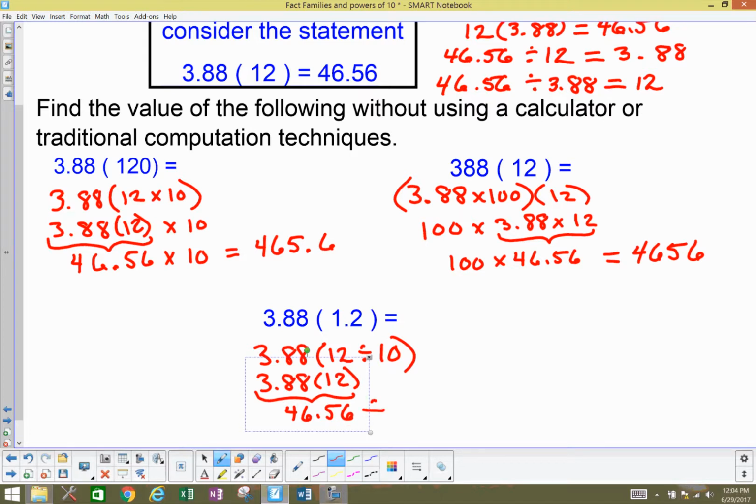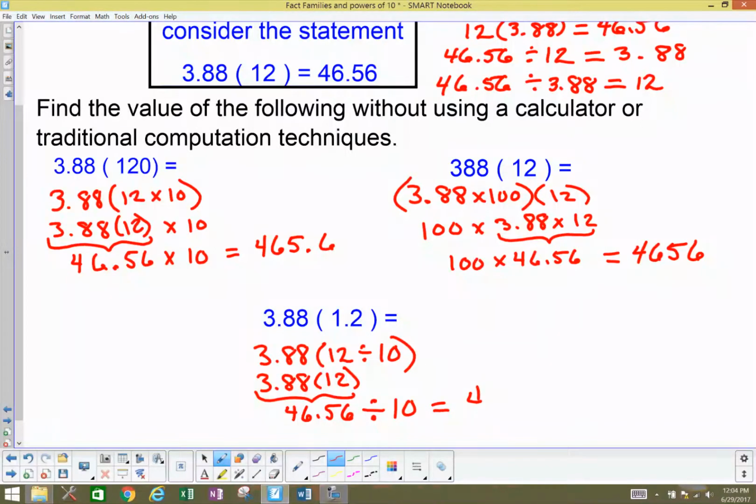But then I'm dividing that result by 10. So what happens when you divide by 10? We shift place value. We're going to be moving our place value 1 place value towards the reciprocals.